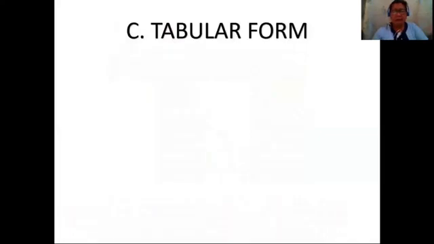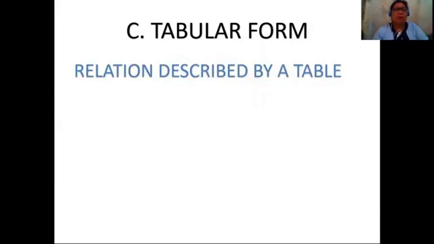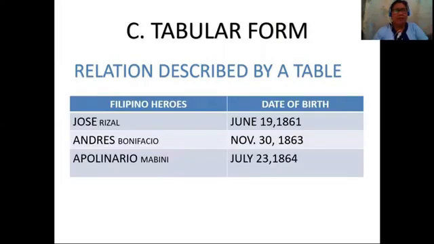Let us have the other representation of a relation or a function using a tabular form. A relation can be described by a table. For example, in the first column of the table, we have the Filipino heroes, and in the second column, the date of birth. Jose Rizal was born on June 19, 1861. Andres Bonifacio was born on November 30, 1863.